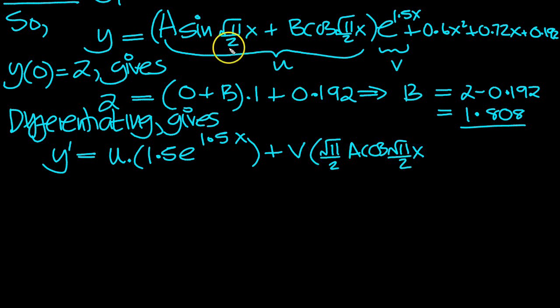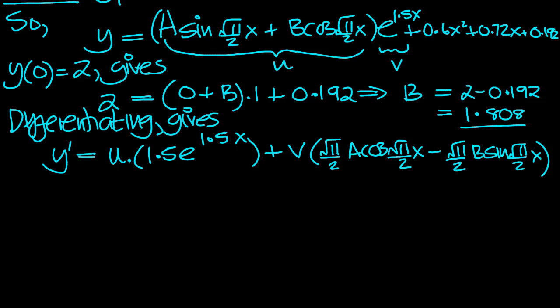So that would be v times du dx, and I've just differentiated the first term here. Now we need to differentiate the second. Cos goes to minus sine, and it's minus, and the root 11 over 2 comes out again, times b sine root 11 over 2x.